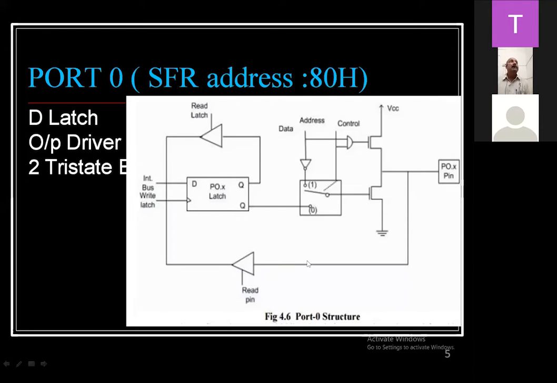Okay, so this is what I wanted to show through this pinout diagram, and then come back to our port 0. Port 0 has 8 pins. You have to look at this diagram first. This diagram is for only one pin. It is internally constructed; we don't have to build this circuit on a breadboard.